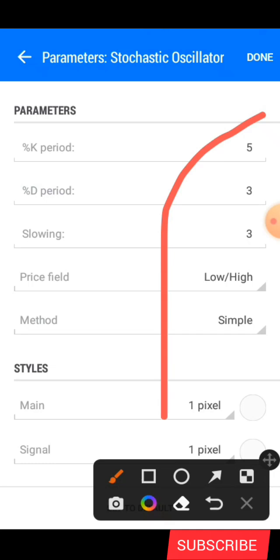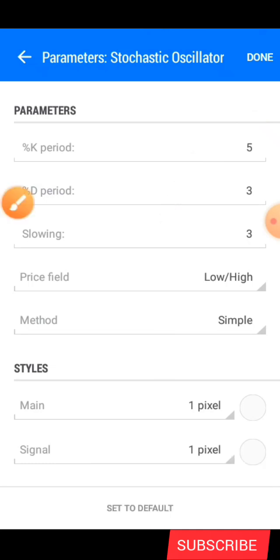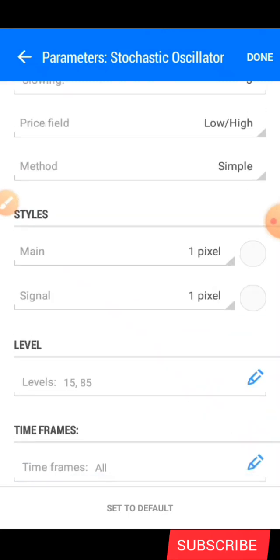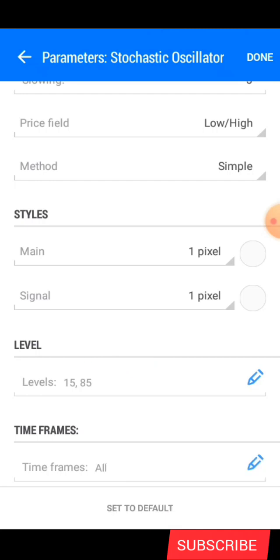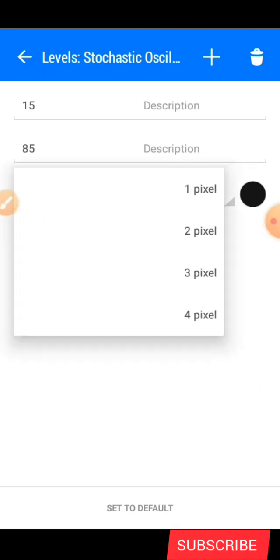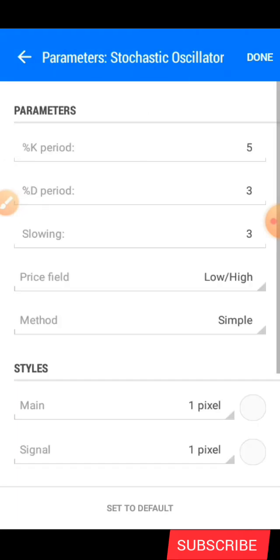Just make sure you set your screen exactly the same way I did mine. These are the settings. The level right here, you can see is 15 and 85. So you click on it, you change the settings to 15 and 85. You make the color black, and then the pixel, you choose any one you wish, that's up to you.